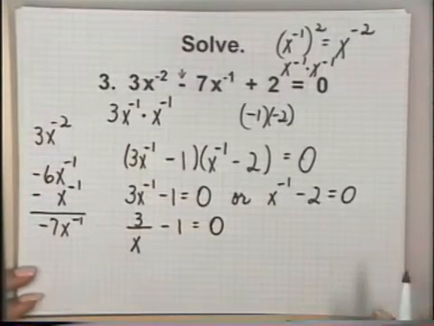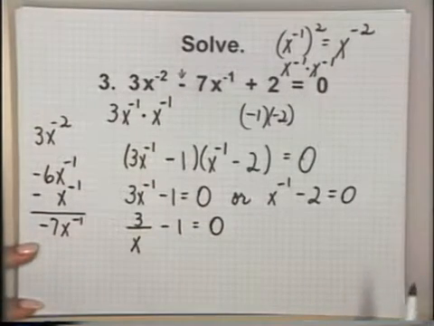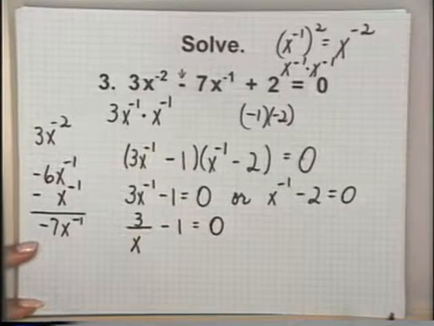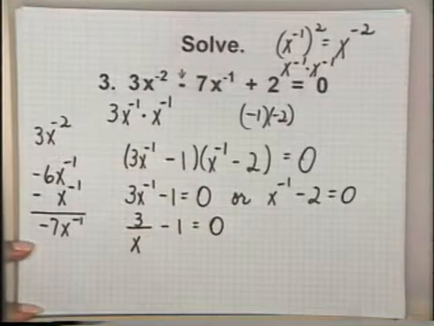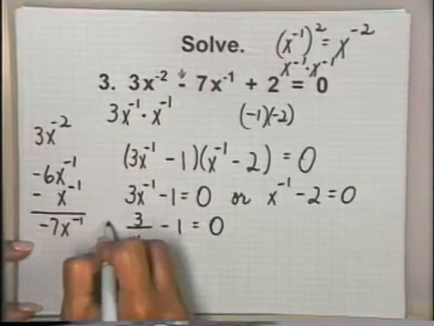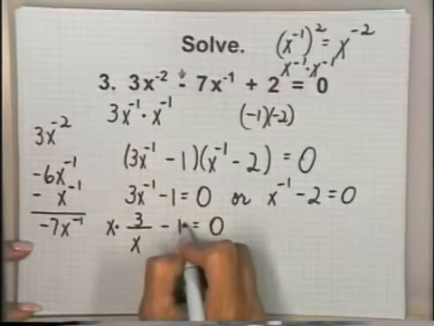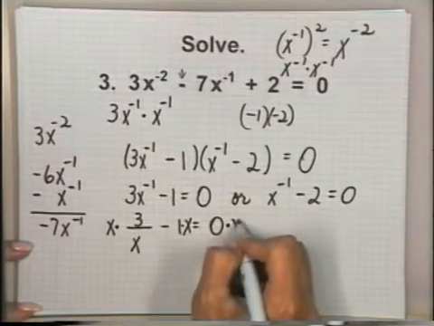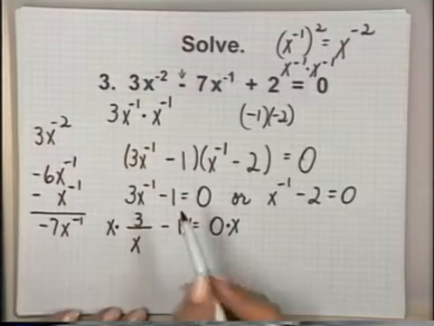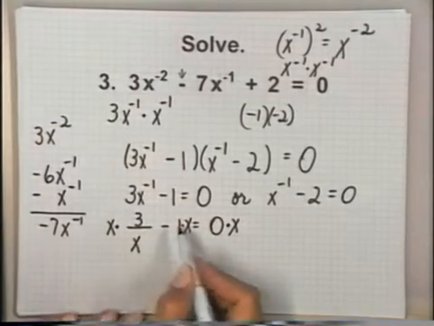Now I have a fractional equation here, so what I want to do is to get rid of the denominator. The denominator is x, so I multiply through by the LCD, which in this case would be x. So let's multiply. Actually, I'm multiplying both sides of the equation by x, but on the left side, when we multiply, that means that I multiply each of the terms by x.